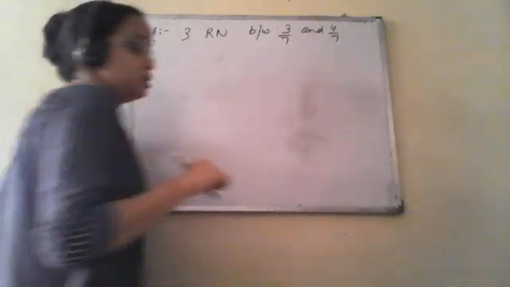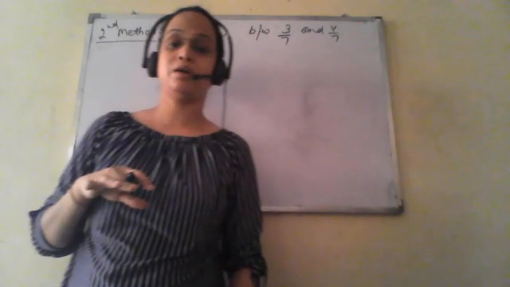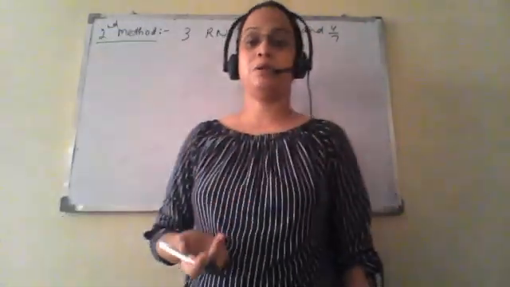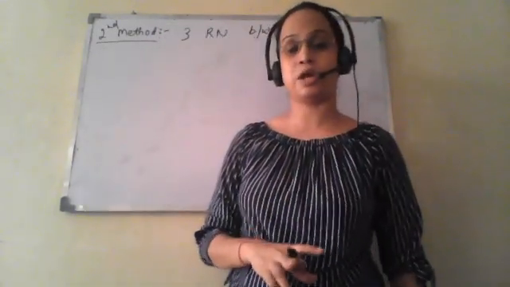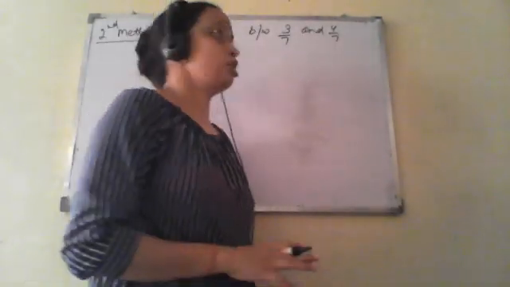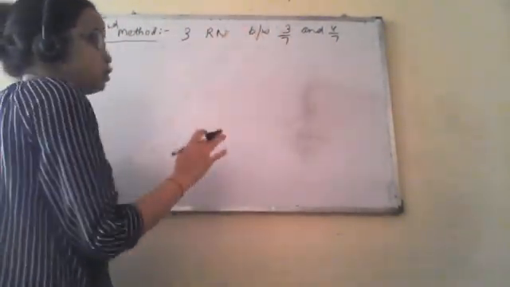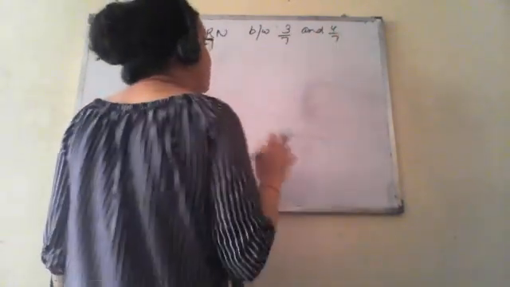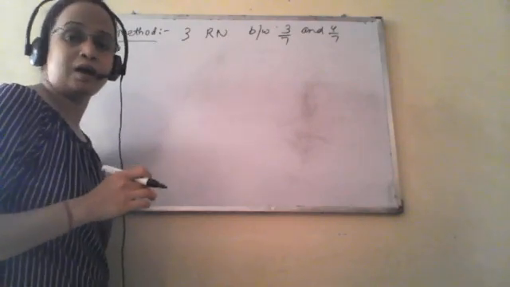In the previous case, 6 and 7 also had the same denominator, that is 1, as I told you: 6 can be written as 6 upon 1 and 7 as 7 upon 1. So this method can be applied to this type of question. Now we have to find three rational numbers between 3 upon 7 and 4 upon 7, which are like terms, since their denominators are the same.